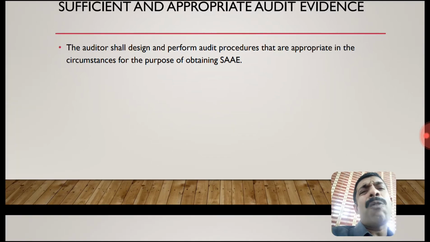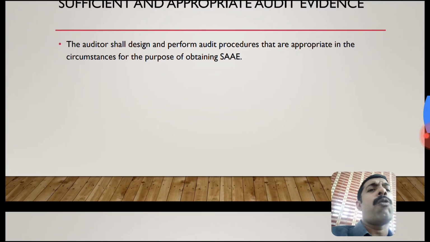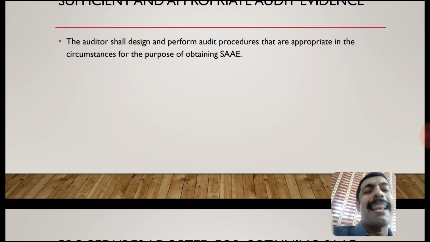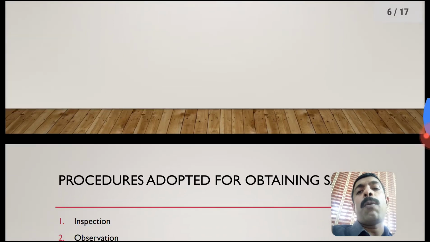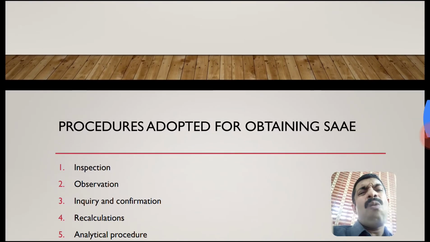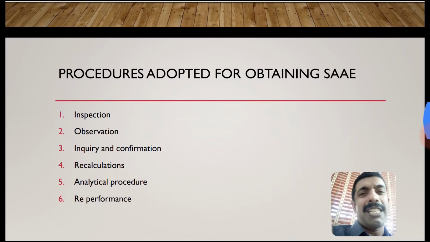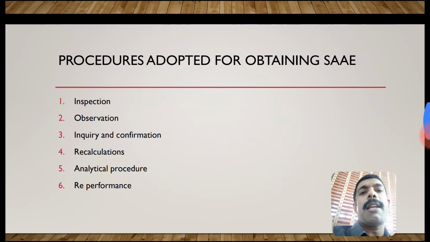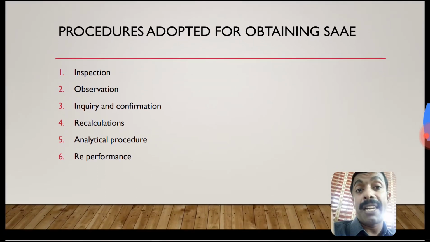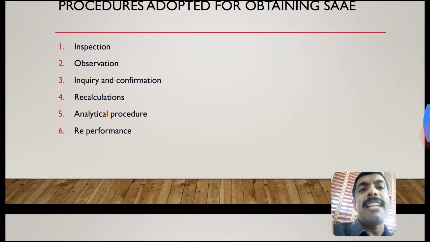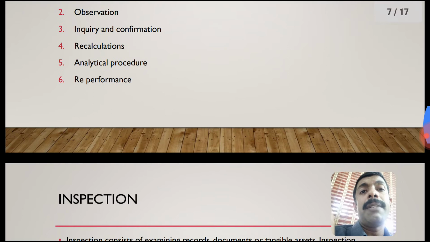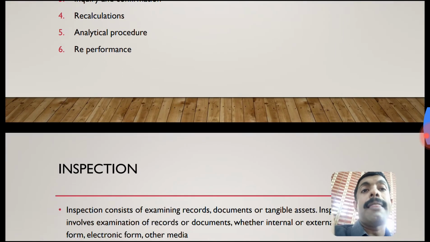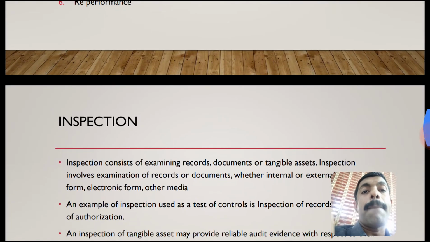The auditor has to design and perform audit procedures in such a manner that he shall obtain sufficient and appropriate audit evidence. What are those procedures? That is through inspection, observation, inquiry and confirmation, recalculation, analytical procedure and reperformance.